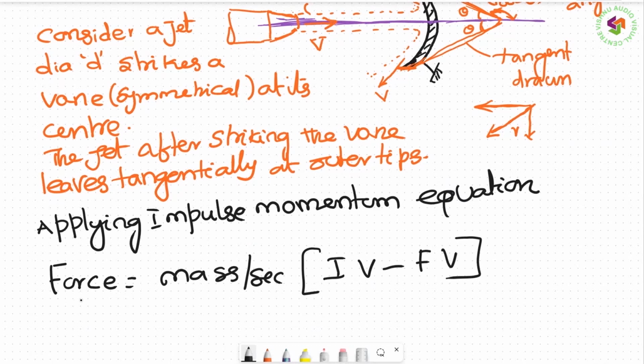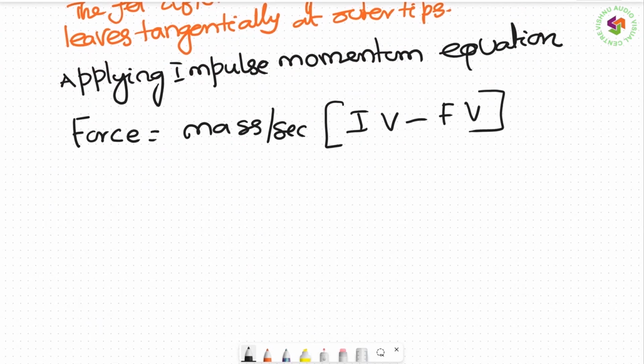Whatever direction the force you are taking, the initial velocity and final velocity should be taken in the same direction. So let us consider the x direction.